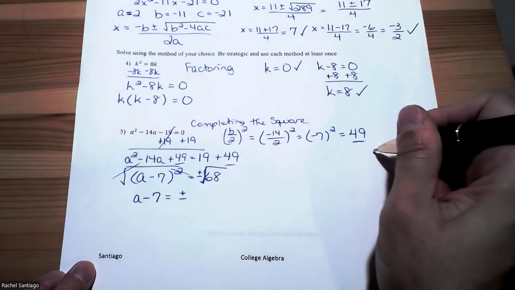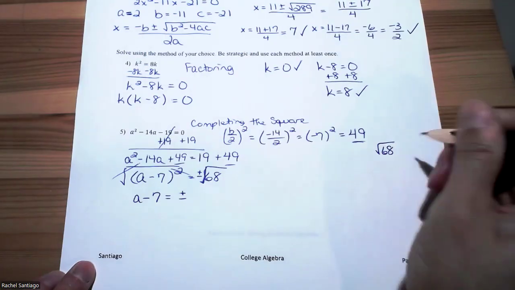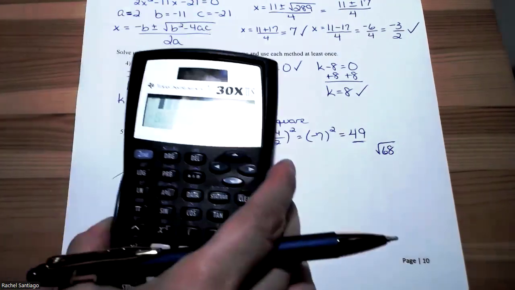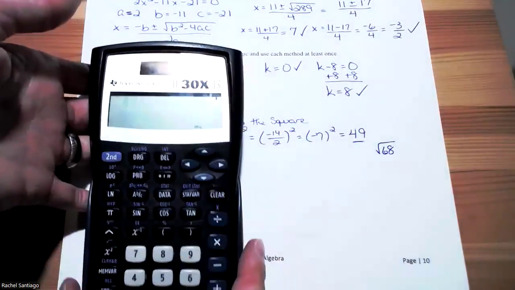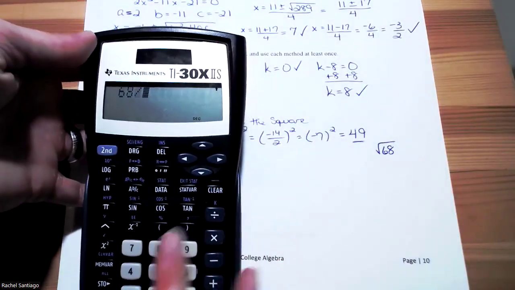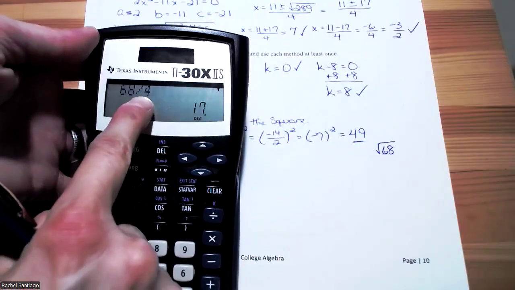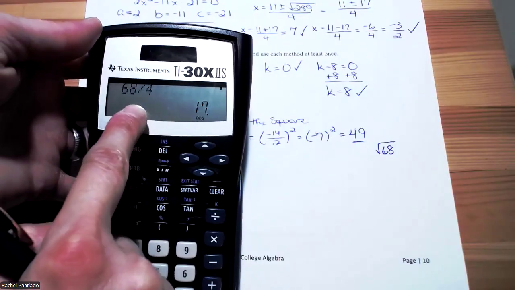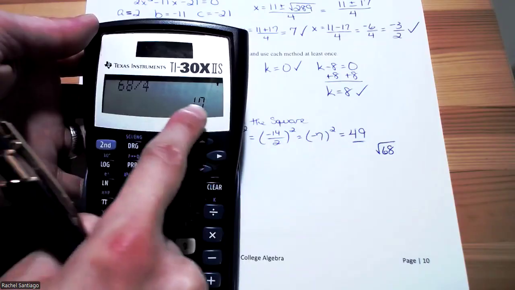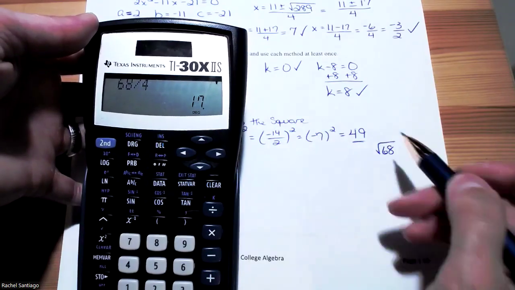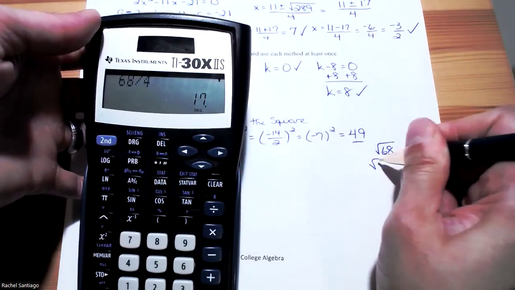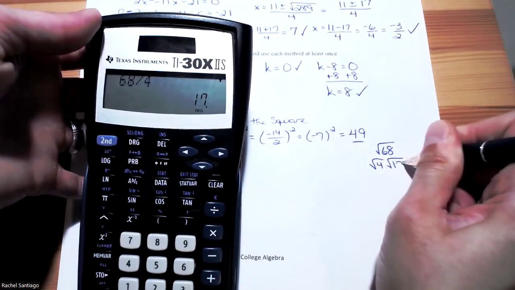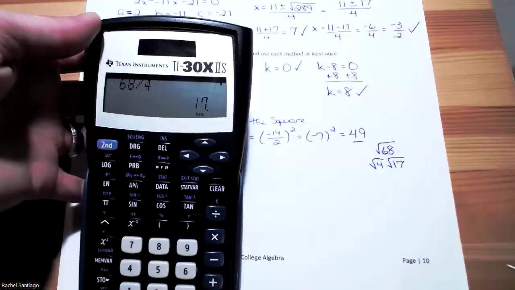So let's do a little bit of side work. With the square root of 68, let's see if there are any perfect squares that divide evenly. So what I'm going to do here is test 68 divided by 4, because 4 is a perfect square. Now, the great thing is it did work out. So that means the square root of 68 can be rewritten as the square root of 4 times the square root of 17.